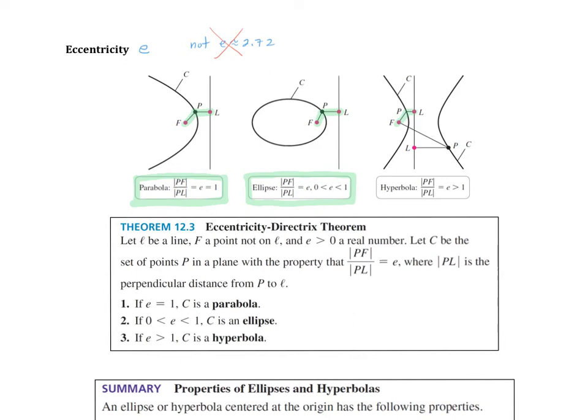And it doesn't matter if you pick a point on one part of the hyperbola or the other. Distance from foci, distance from the line, distance from foci is always larger. So in a hyperbola, eccentricity is always going to be greater than 1. So if you know the eccentricity for your conic section, then you can identify it as a parabola, an ellipse, or a hyperbola.